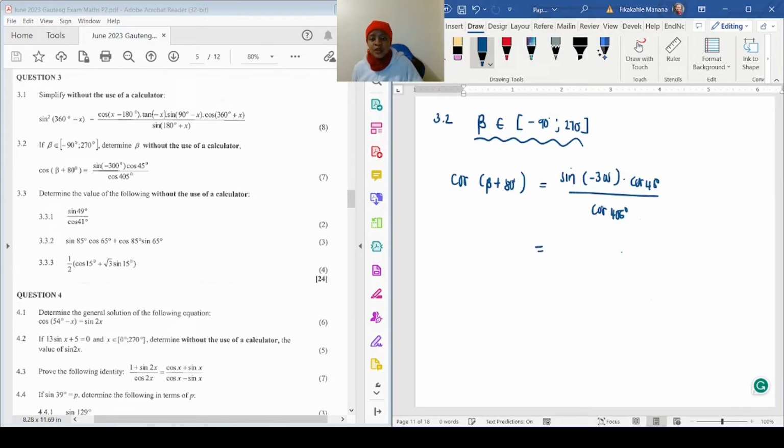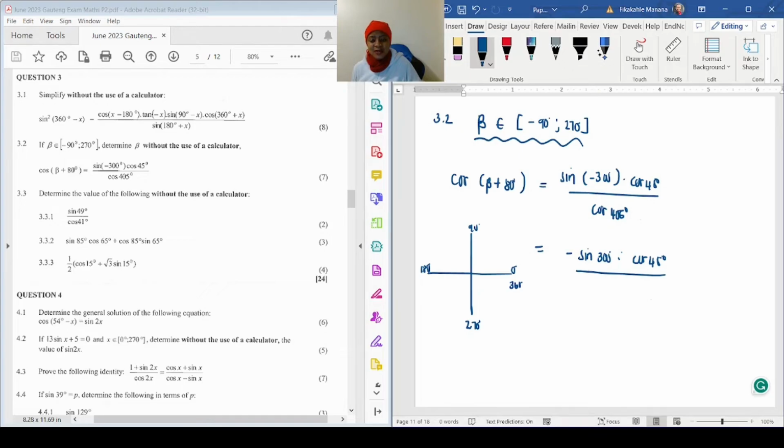All right, so sine of a negative angle is just negative sine of that angle. And then we have cos 45. Now cos 405, I'm going to draw the Cartesian plane and just see where cos 405 is going to fit. I don't know if 405 was a typo or if it actually says something.